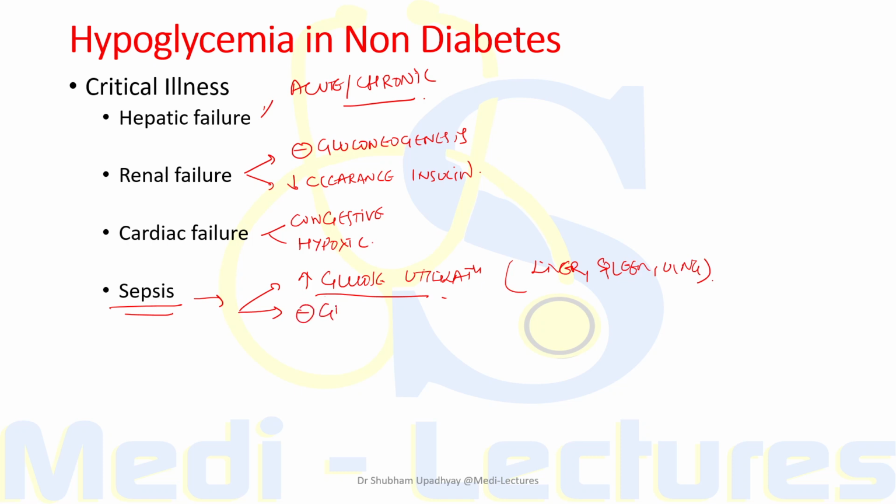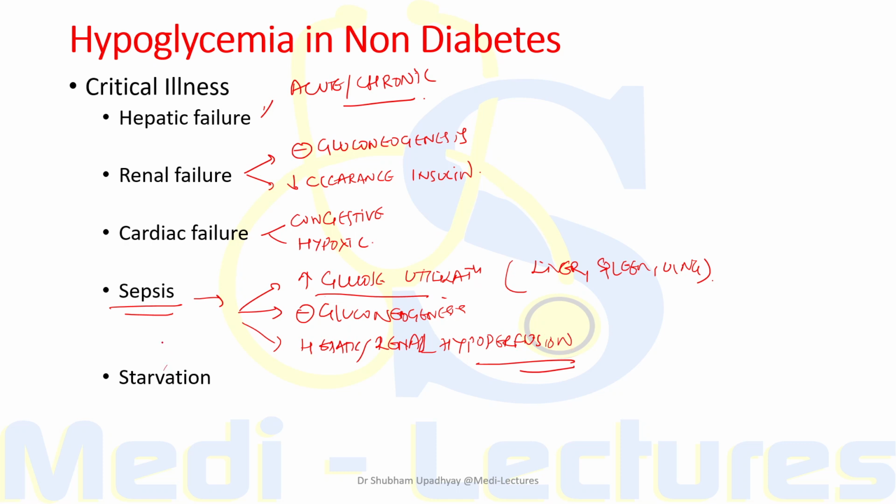There is inhibition of gluconeogenesis. And finally, this can also lead to hepatic and renal hypoperfusion if it is leading to multi-organ dysfunction. So again, there will be hypoglycemia. All these mechanisms can lead to hypoglycemia.